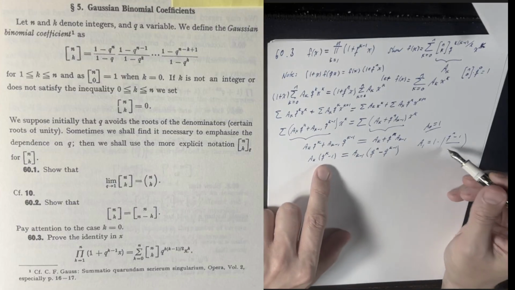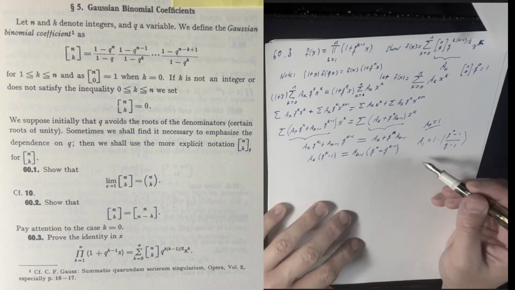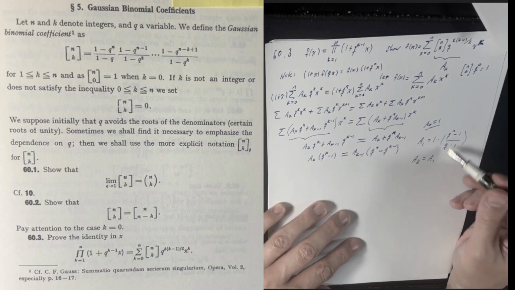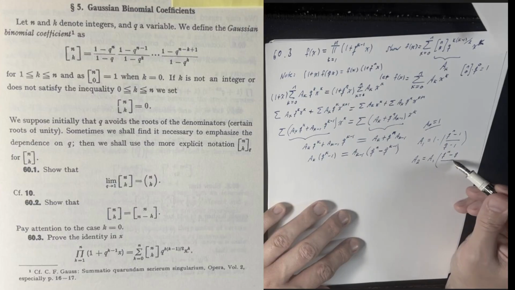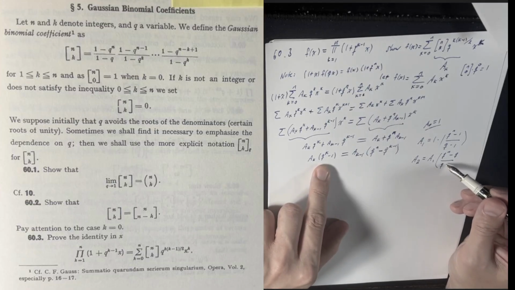And then downstairs you also get q minus 1. So you're going to see that this obviously works. It's the previous, and then you get q to the n minus q. Downstairs you get this q to the k again, but this time k is 2. Okay, that's right.